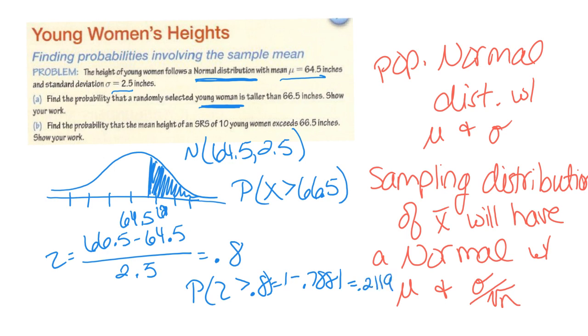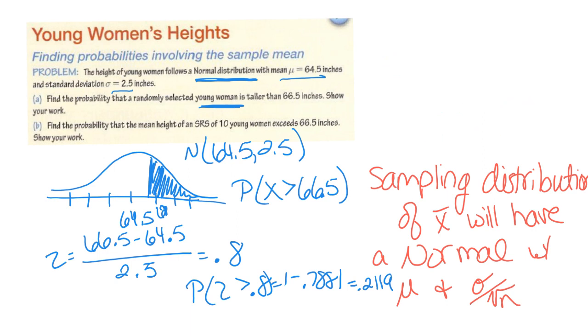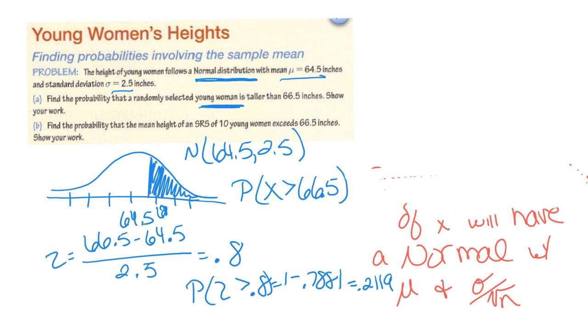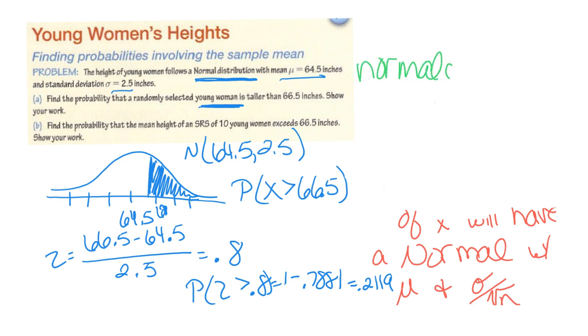I could also do this with my calculator. If y'all remember how to do this on your calculator, you can use your normal CDF function and choose the appropriate tail. Again, you would write down all that notation to make sure that you get full credit. So on my calculator, I would use normal CDF, and my lower in this case is 66.5.